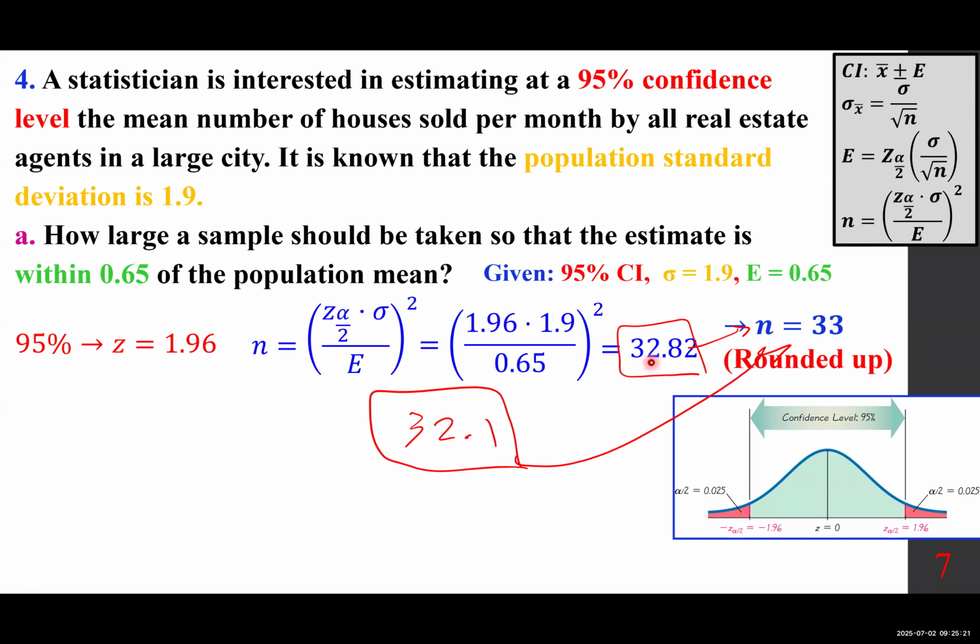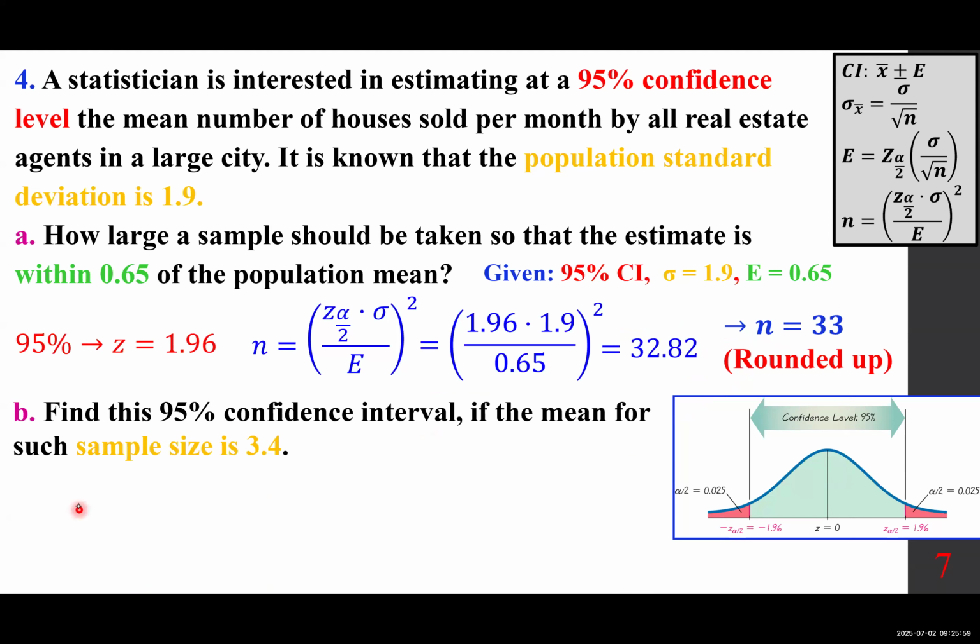This calculation says, if I want to make sure that the estimate is within 0.65, I need at least this many. So if I need 32.82, I have to round it up to 33. But what about 32.1? If I go with 32, I don't have enough samples. So you always round up, even if it's 32.01, round up, always. All right.